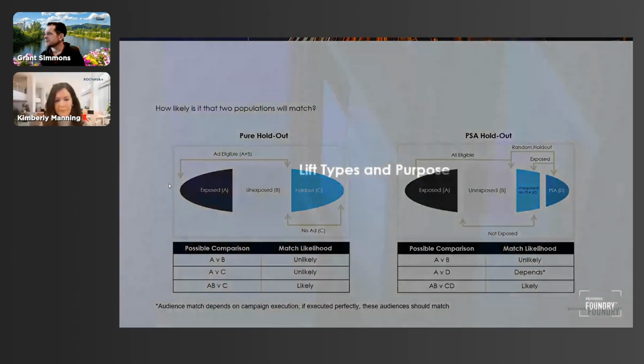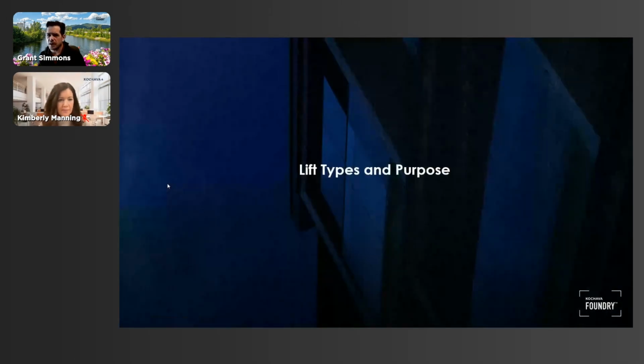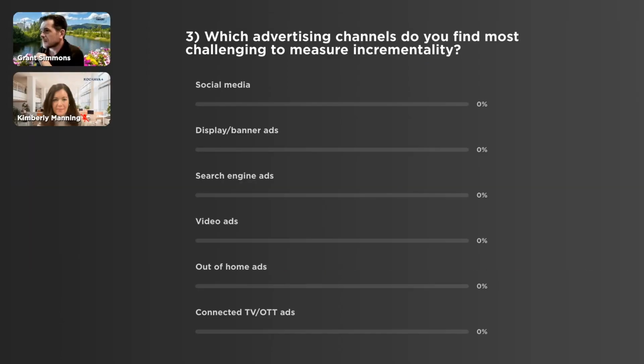Yeah, I'm going to pop the second poll question here real quick. And I'm curious about this. Let me stop sharing. Because everybody here said that they knew a little bit about lift testing, I'm going to pop this one. Of all the things you're trying to incrementally test, what's been hardest?